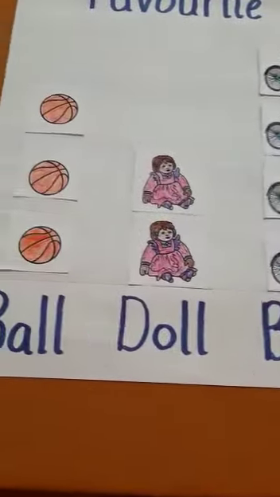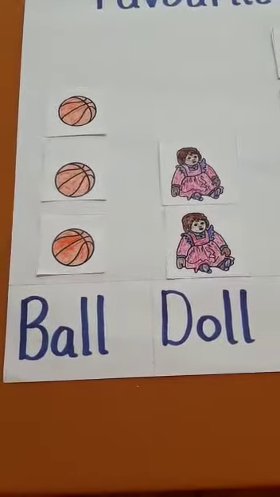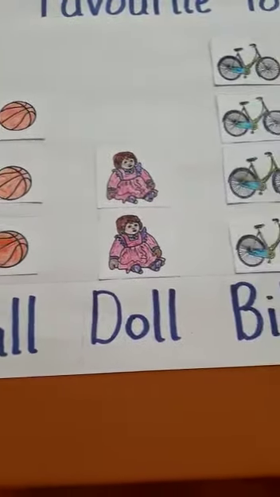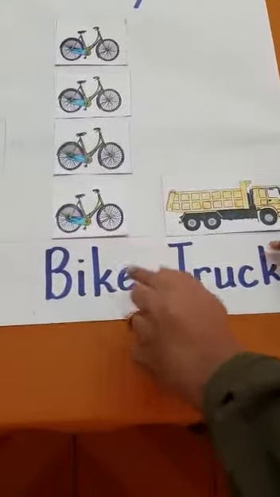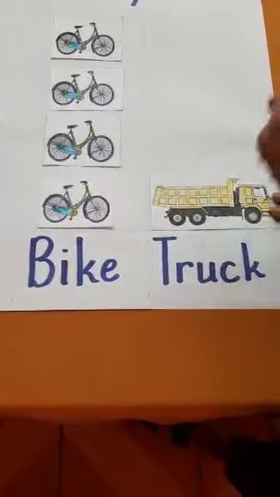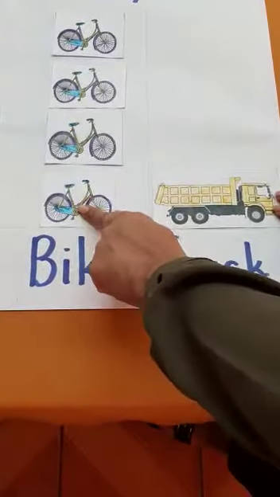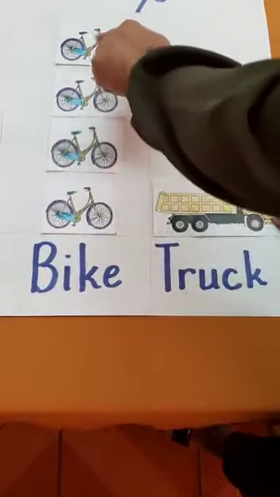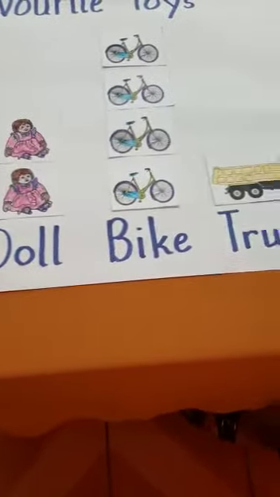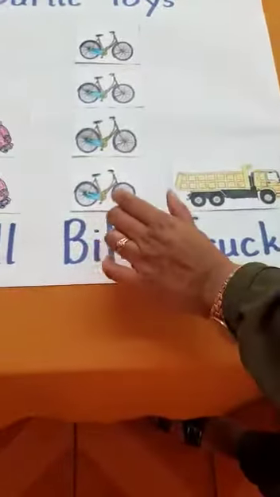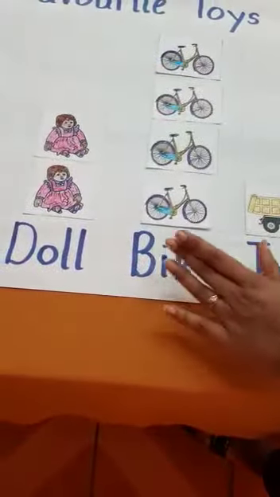Look at the picture. Very good. The bike would be the toy which we have the most of, because we have 1, 2, 3, 4 bikes. And we only have 1, 2, 3 balls, 1, 2 dolls, and 1 truck. So the most amount of toys we have is the bikes.